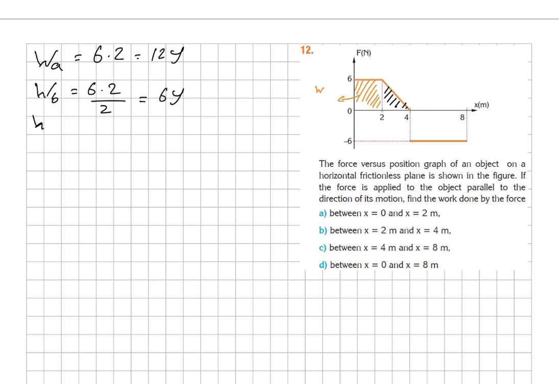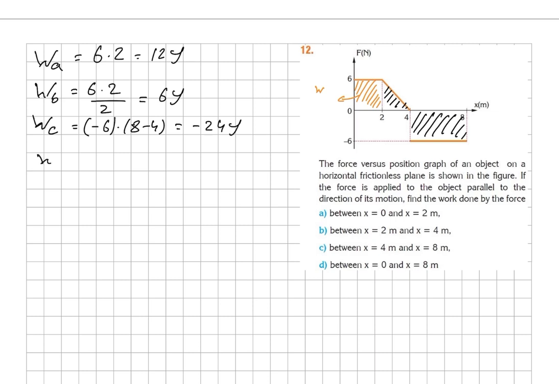And the work done for question C will be the area here, between 4 and 8. It is under the coordinate axis, so it will have a negative sign. It will be negative 6 times (8 minus 4), which is negative 24 joules.